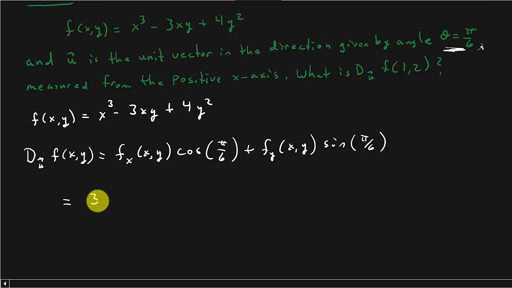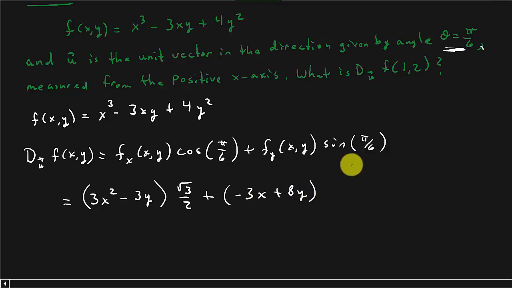That's going to be 3x squared minus 3y times, and then what's the cosine of pi over 6? Well, that's square root of 3 over 2. Plus, now let's take the partial with respect to y. That's going to be negative 3x plus 8y times the sine of pi over 6. So that's times 1/2.